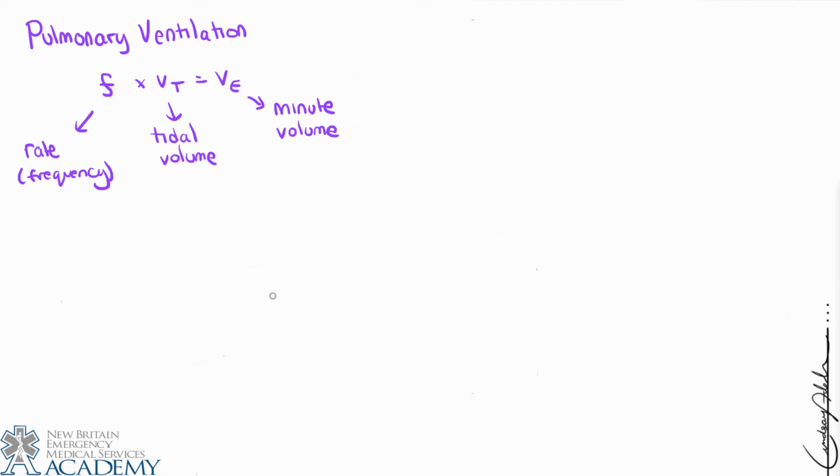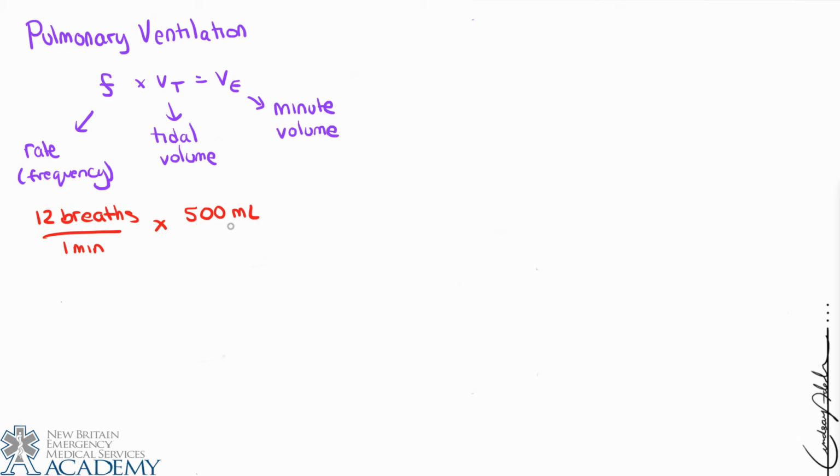And so we'll just do a quick example, a little bit of math. So normal rate is 12 to 20, so we'll pick 12 breaths per minute. And then tidal volume is normally about 500 mLs for a healthy adult, and it could vary a little bit, but one thing to consider is that for patients who are overweight significantly or obese, the tidal volume for them is not going to be significantly greater because their lungs aren't going to be bigger.